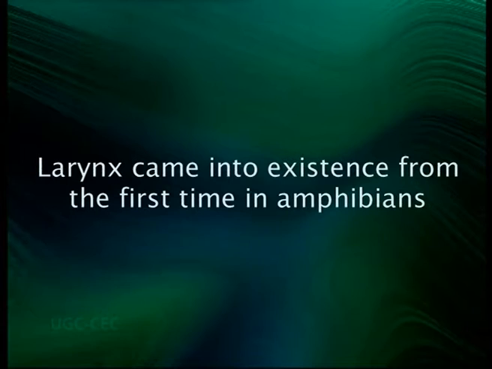The larynx came into existence for the first time in amphibians. It was simplest in Necturus, where cartilaginous structures like the arytenoid and cricoid cartilage came into existence.